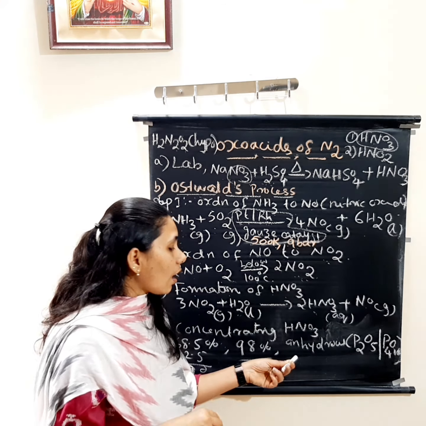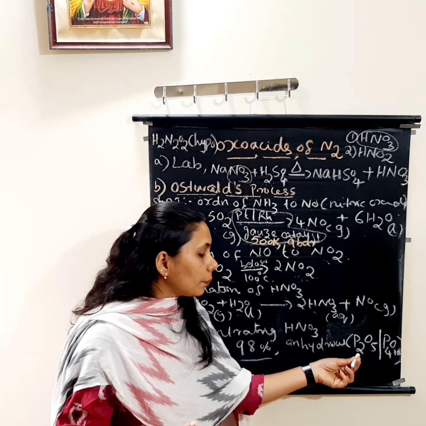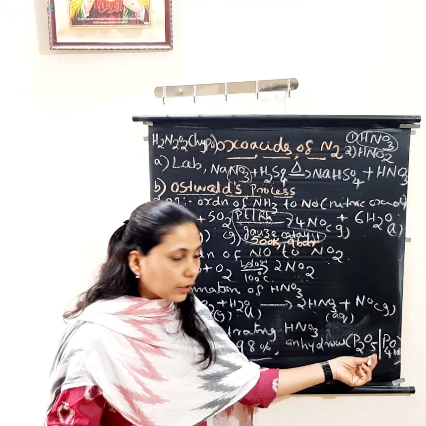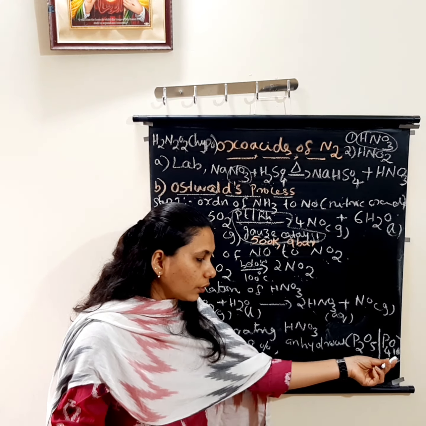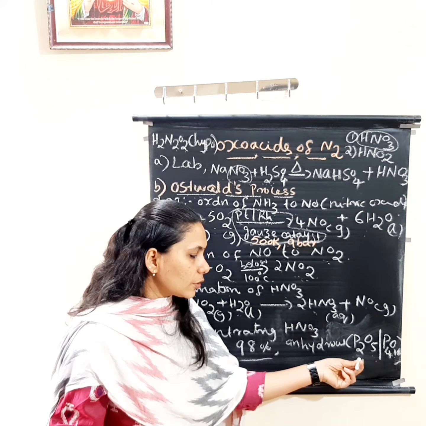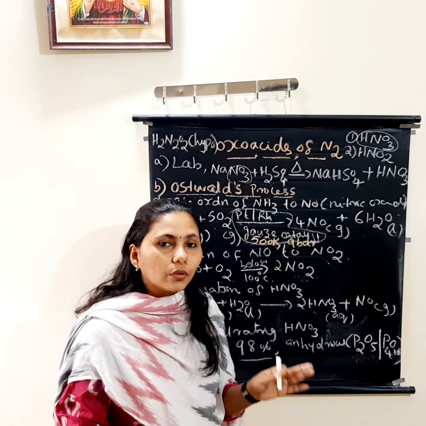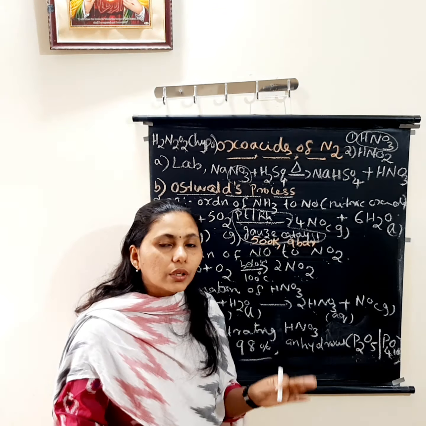Then lastly, anhydrous nitric acid is obtained by treating with P2O5, phosphorus pentoxide. This can be written as P4O10 also, because P4O10 is a dimer of P2O5. Dimer means two molecules of P2O5 combined together. So anhydrous nitric acid is obtained by treating with phosphorus pentoxide.